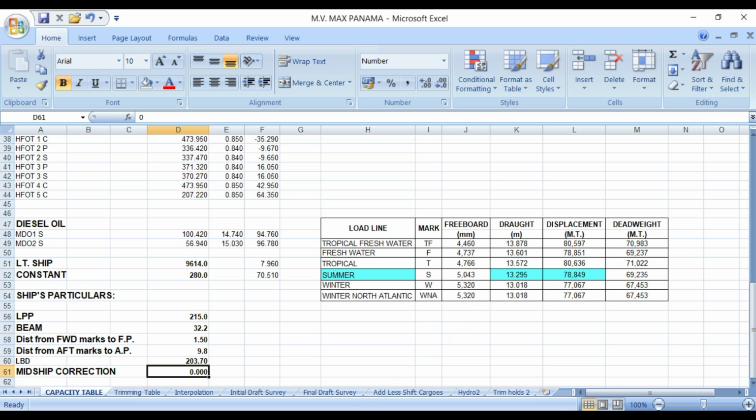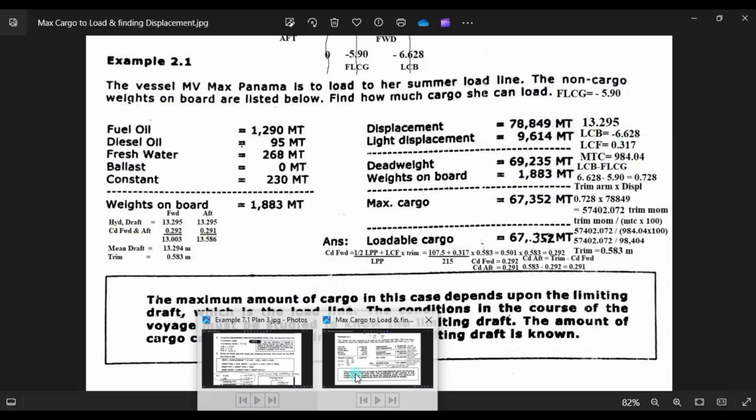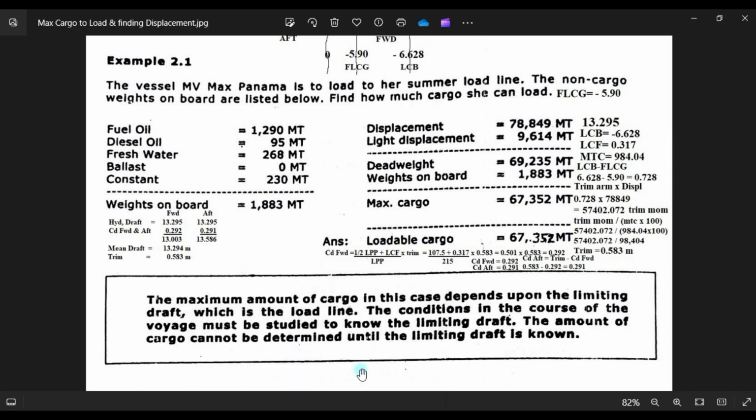So with the displacement at summer draft, 78,849, you less your light ship, that will be your dead weight, minus your weights on board or the non-cargo weights, and your maximum cargo to load will be 67,352.